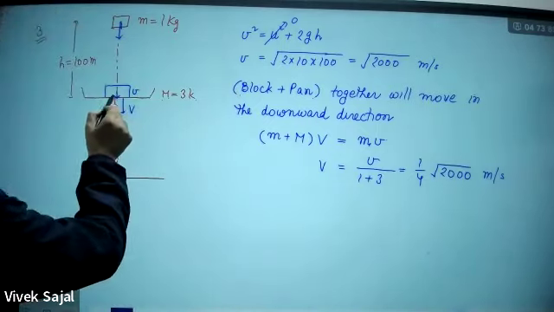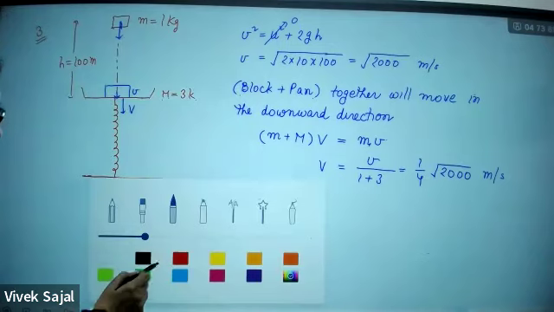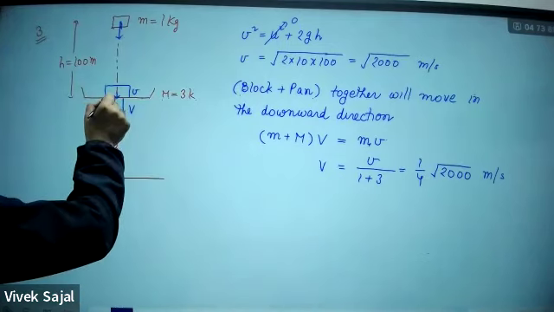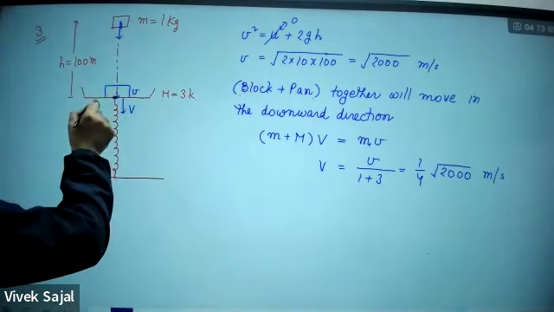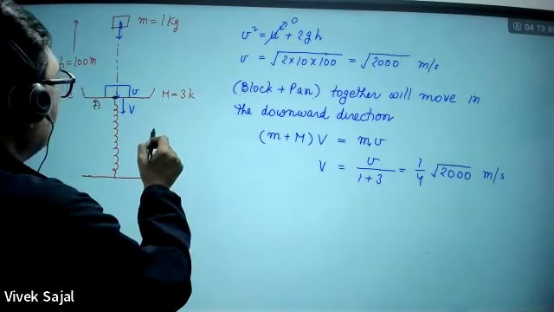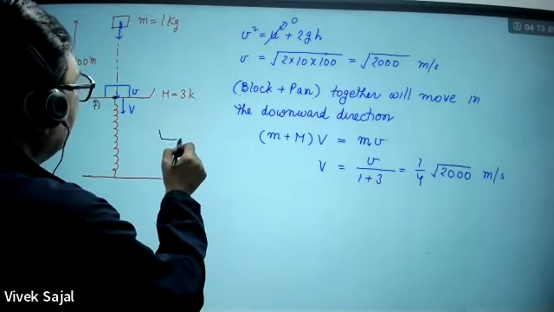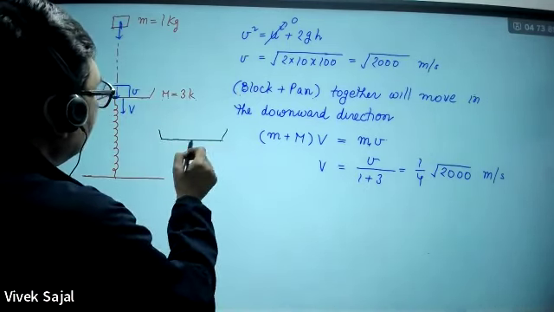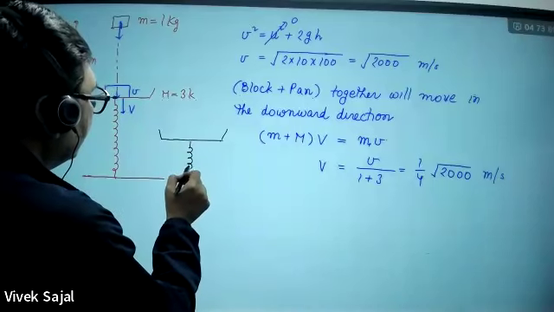Now look here at this point. This position is, suppose, A, and I'm saying this block and pan will go down with this.